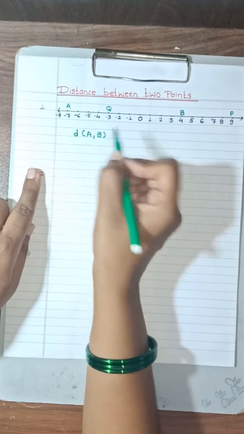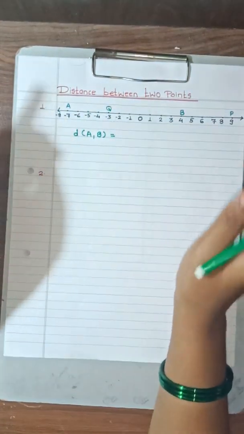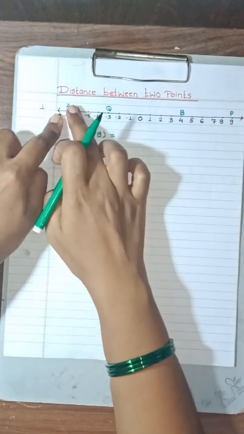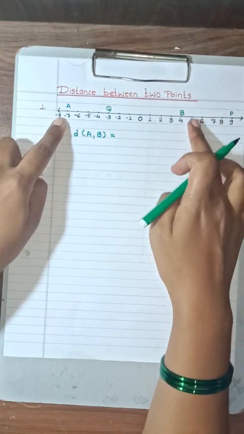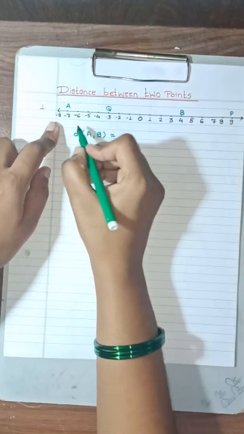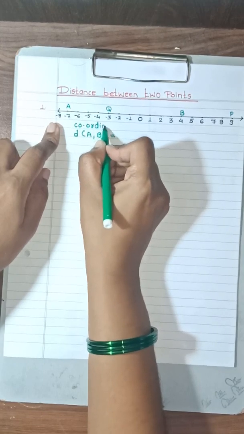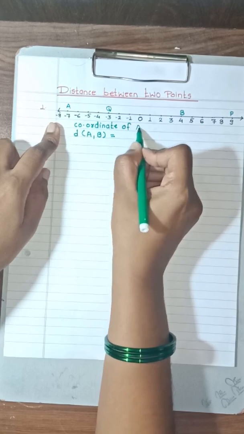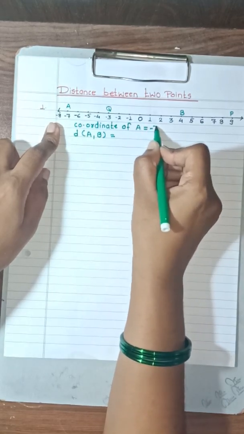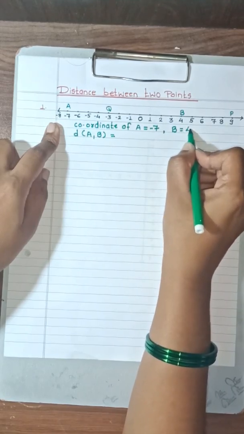Now, to find this distance, the coordinate of A is -7 and the coordinate of B is 4.